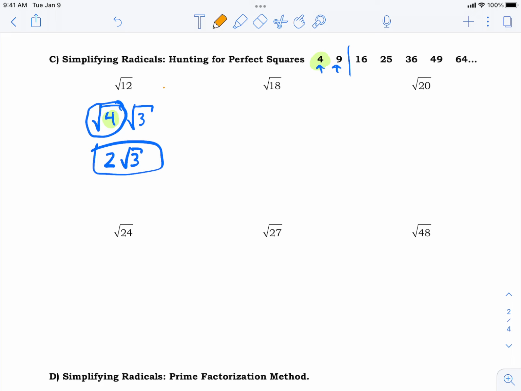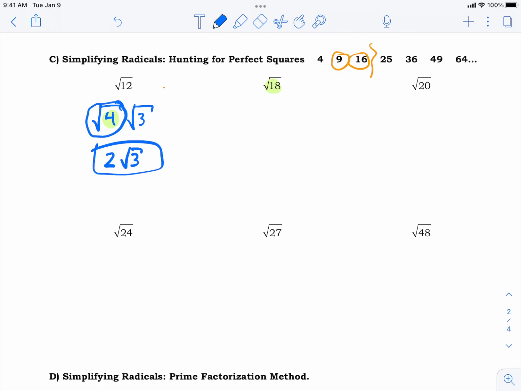So here's a bunch more examples we can try. So let me erase this stuff. I got an 18 here. So 18 is between 16 and 25. Now 16 is not going to divide into 18 evenly, but I can try 9, and 9 goes into 18 evenly. So I'm in business.